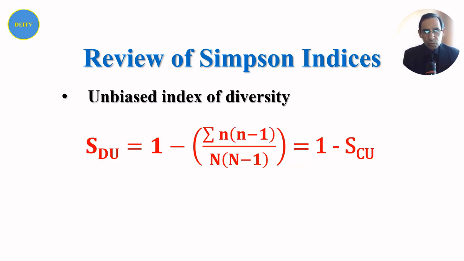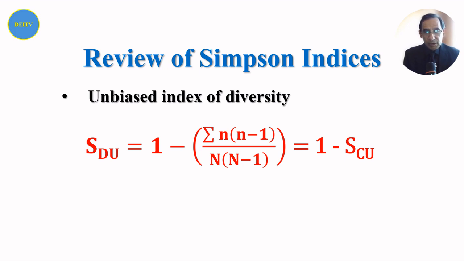As discussed in episode 1, there's also an unbiased Simpson diversity index, which is more complex. In order to obtain it, first we obtain the unbiased Simpson concentration or similarity index, and that's going to be the number of individuals in each category times the number of individuals in each category minus 1. We're going to sum that up, so that's the sum of small n times small n minus 1.